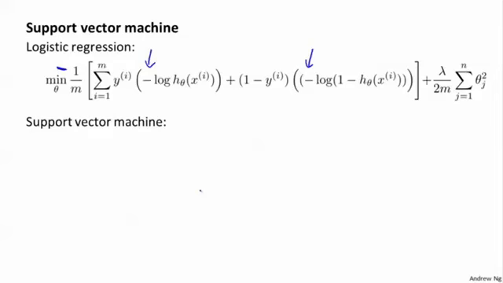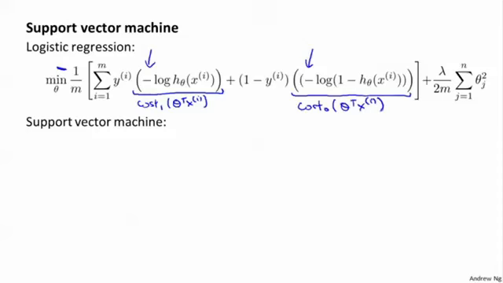For the support vector machine, what we're going to do is essentially take this and replace it with cost 1 of z, that is cost 1 of theta transpose x. And we're going to take this and replace it with cost 0 of z, that is cost 0 of theta transpose x, where the cost 1 function is what we had on the previous slide that looks like this, and the cost 0 function, again, is what we had on the previous slide that looks like this.